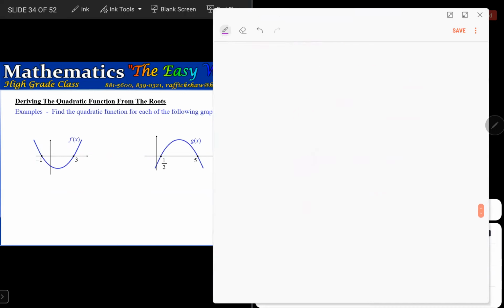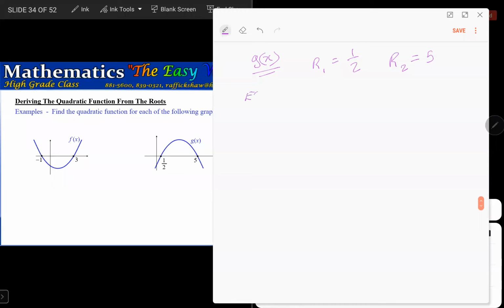Second one now. Here we're doing g of x, and for g of x, the roots are r1 equals half, r2 equals 5. Let's go through the two methods. The first method is x minus r1, x minus r2.